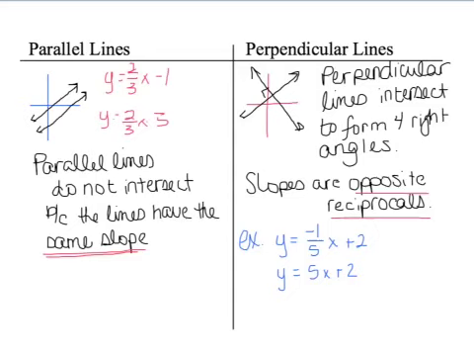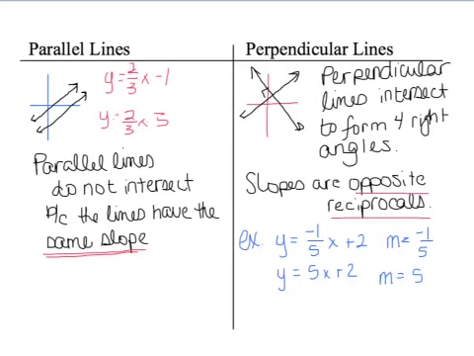So the slope for line 1 is going to be -1/5. The slope for the second line is +5. Well, the reciprocal is when you flip the fraction. So let's say I flip -1/5. That becomes -5/1. And then the opposite of -5 becomes +5. So yes, these are perpendicular slopes.